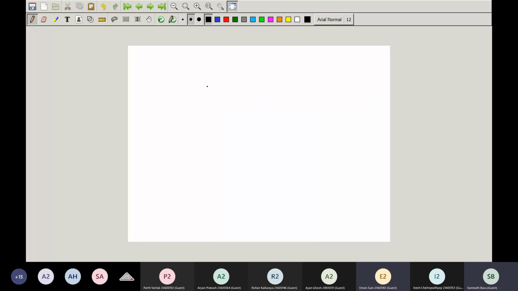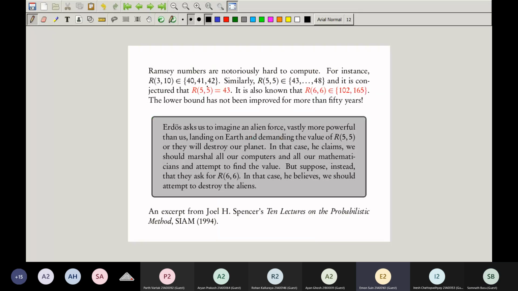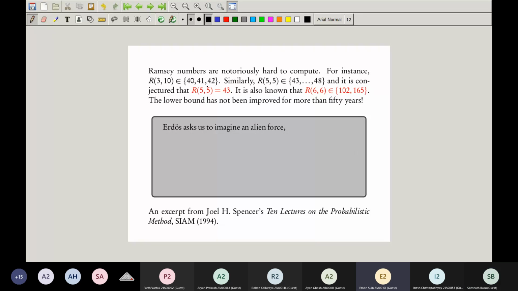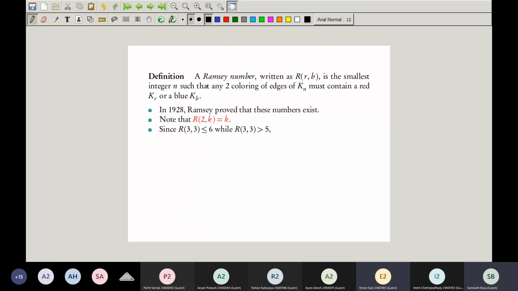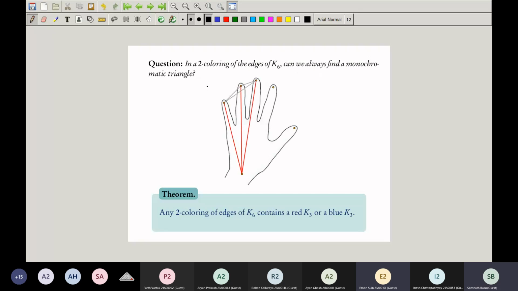Can you please go back to the K6 part? Here, this one? The K6 part, yes, just before that.